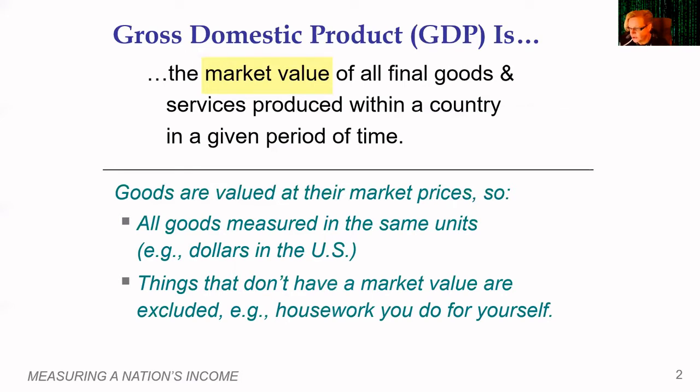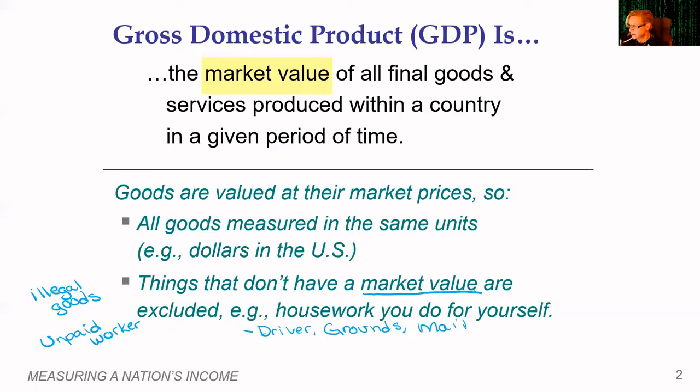There are also things that contribute to GDP that don't necessarily have a market value. So there are some things which are left out of GDP, like illegal goods, unpaid household work, right? Think about it this way. If you hire somebody to do all the things you didn't want to do, so maybe a driver, a groundskeeper, and also a maid, a lot of other things I would love to hire people to do.